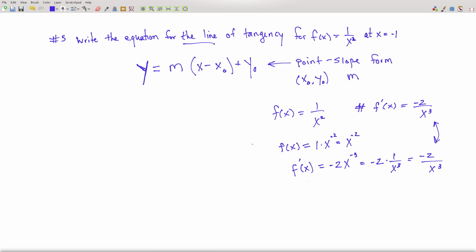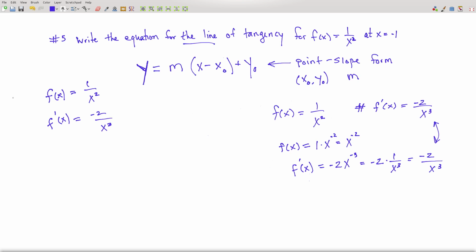Let's use the derivative now to pull together all the information we need to make this line. Over here on the side, I'm going to try to help make some things clear. We were given an f of x. Can you tell me what f of x is? Yes, f of x is 1 over x squared. That was given to us. And we've now found the derivative: -2 over x cubed. How do we use these?